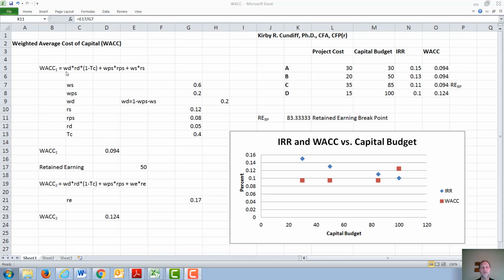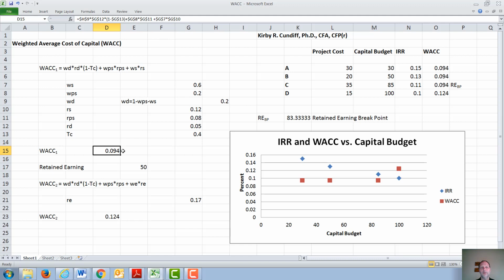All of these numbers are then stuck in the Excel version of our WACC formula here, where we use the fraction financed with debt times cost of debt times 1 minus the corporate tax rate, since interest payments can be written off on the taxes, plus the fraction financed with preferred stock times the cost of preferred stock, plus the fraction financed with equity times the cost of equity.